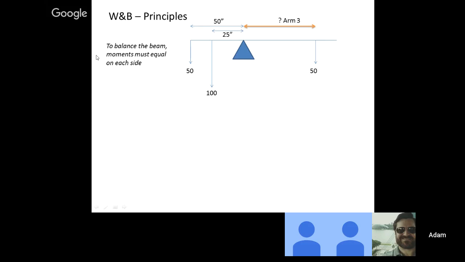So, of course, like we said before, to balance the beam, the moments on each side must be equal. And so the FAA on the written test will say, well, what is that arm? How far away is that 50-pound weight to balance it?